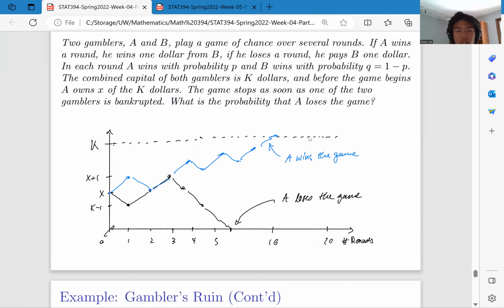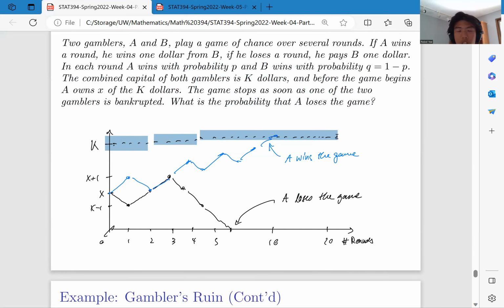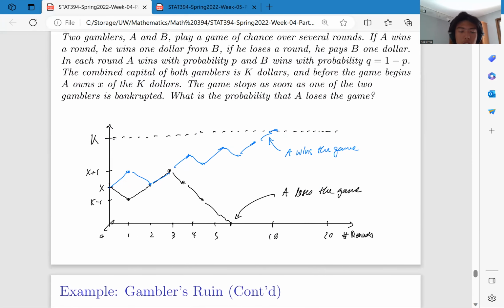Firstly, let's explain with a diagram. Here K is the total amount of money that A and B own together, and it cannot go beyond this or below this. It stays stable for the whole process. However, A starts at X, as located here.